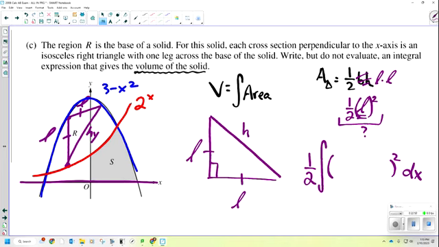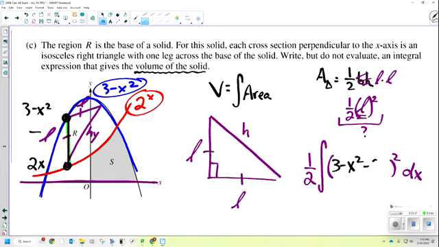The leg goes from one to the other. The distance between that green highlighted line here is my upper function minus my lower function. So it is quite literally this point, 3 minus x squared, and I subtract 2 to the x. 3 minus x squared minus 2 to the x.